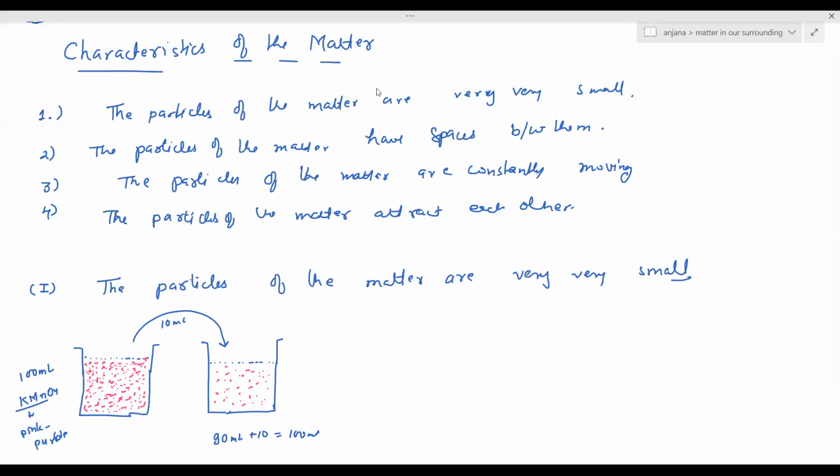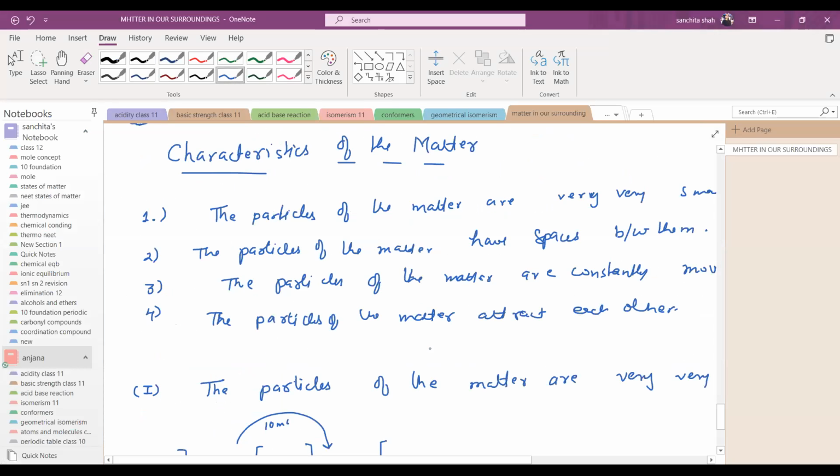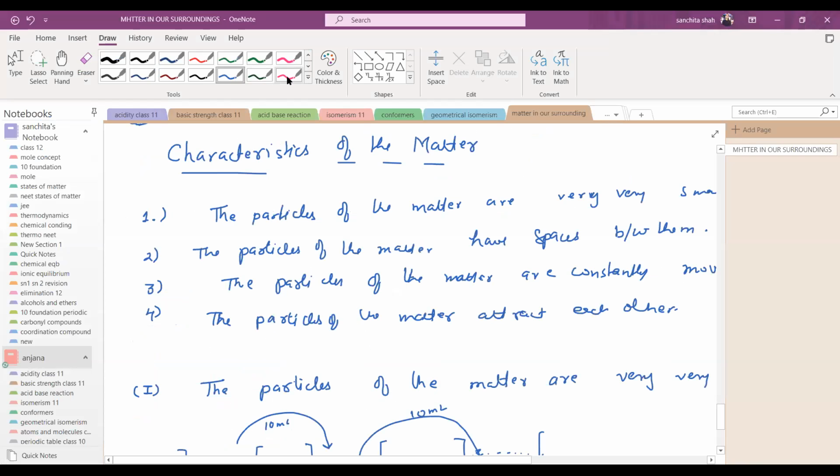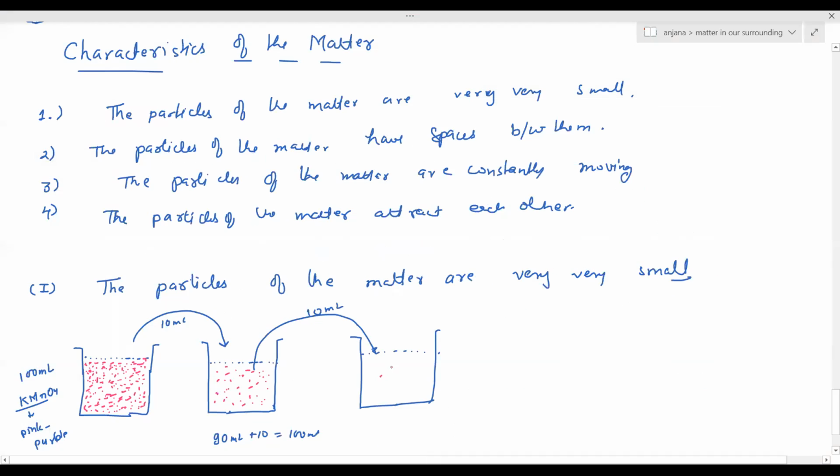Now suppose I take another container. Again it has 90 ml of water, and now I am adding 10 ml from this container. So now the concentration of KMnO4 will be still less.